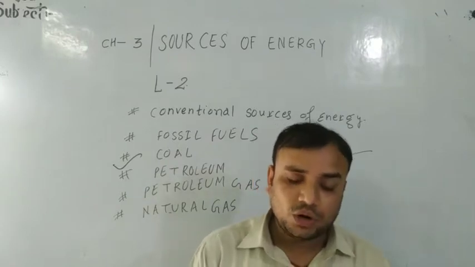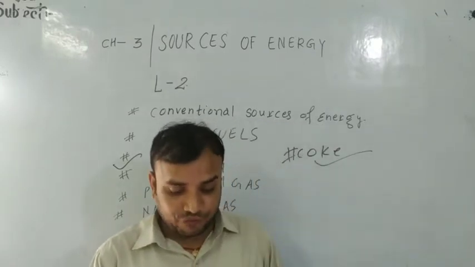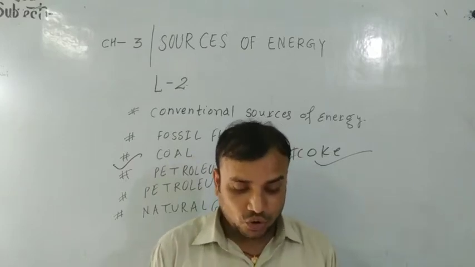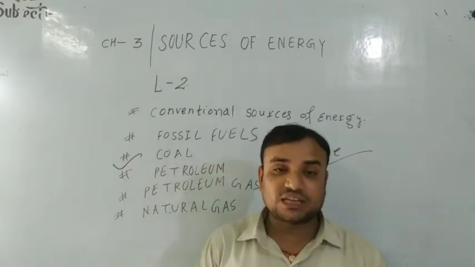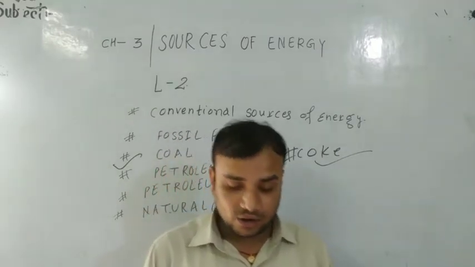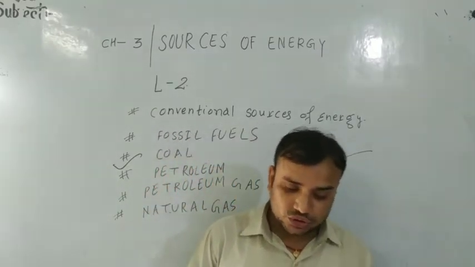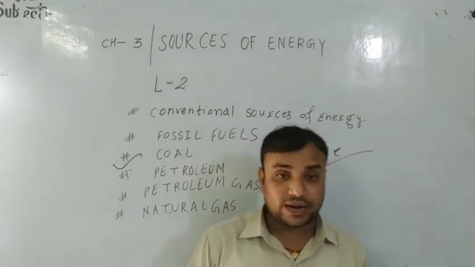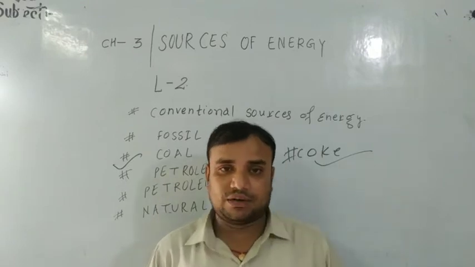Now, uses of coal. Coal is used as a fuel for heating purposes in homes and industry. Coal is used as a fuel in thermal power plants for generating electricity. Coal is also used to make coke, and in coke 98% carbon is present.